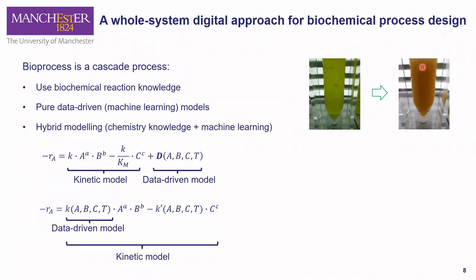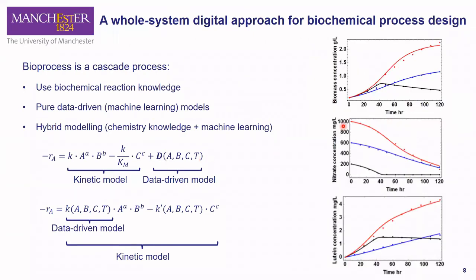As a result, in order to generate biochemical knowledge and at the same time get a highly accurate model, we can use hybrid modeling to combine physical knowledge with machine learning techniques. One example is that we can use a kinetic model to simulate the bioprocess, and then use a data-driven model to rectify the model-process mismatch. In this case, you can see that the model is able to give us very accurate predictions.